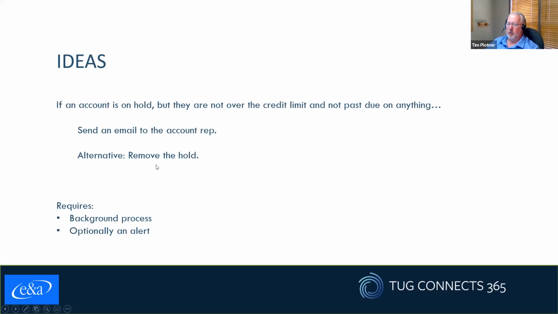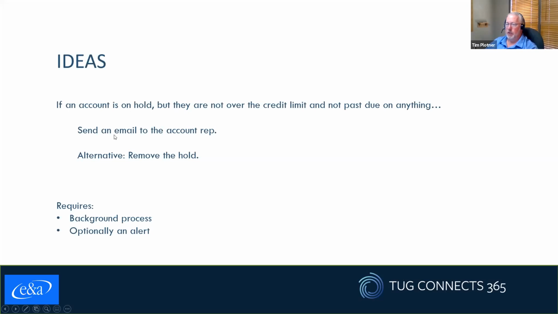So that's an example of another thing that would be a background processor. And it's a background processor because you're looking for a circumstance that took place. They're not over the credit limit and they're not past due, but they are on hold.